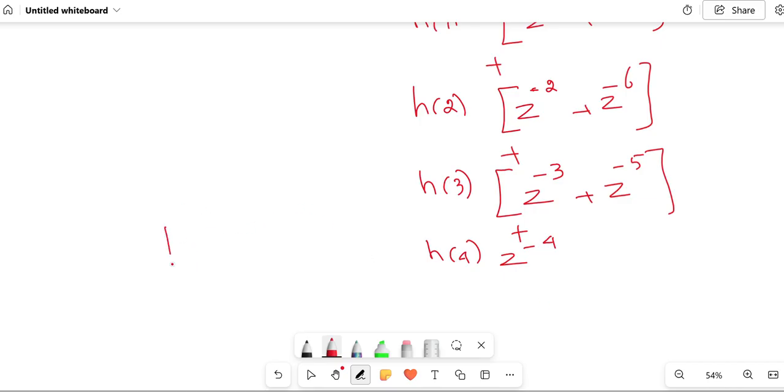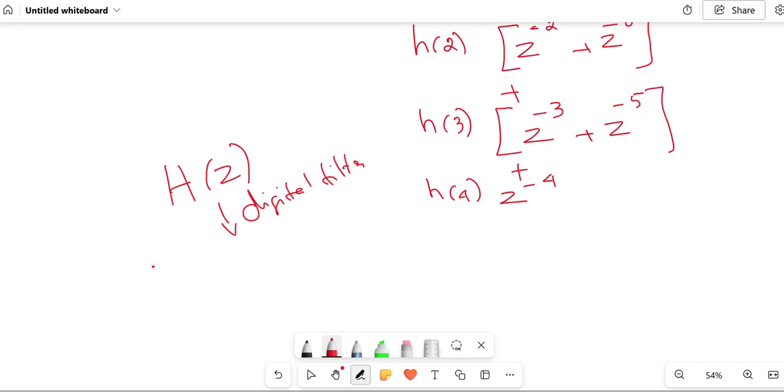H(z) is a digital filter. Then the final step will be hardware realization, using adder, multiplier and unit delay element.